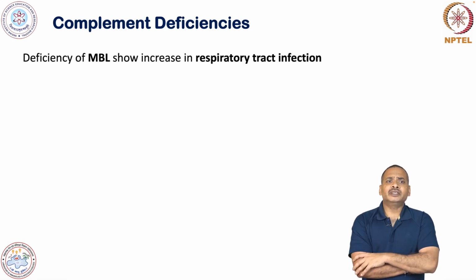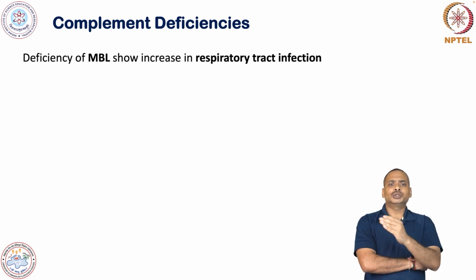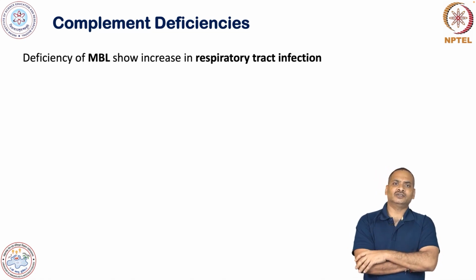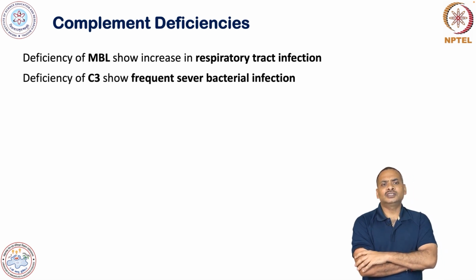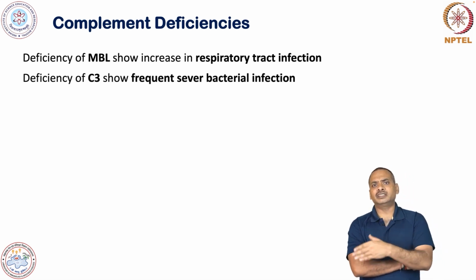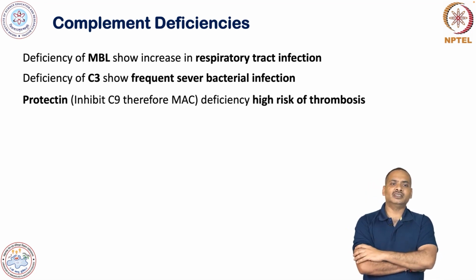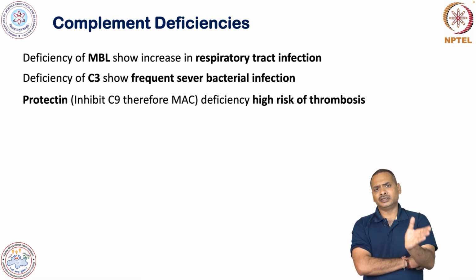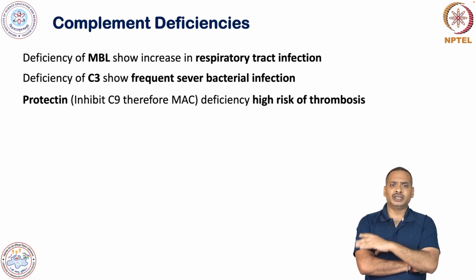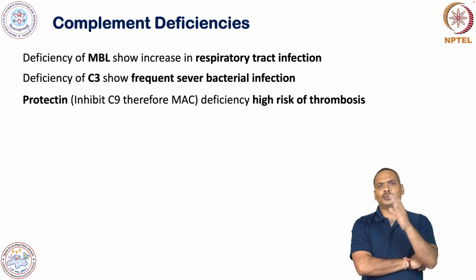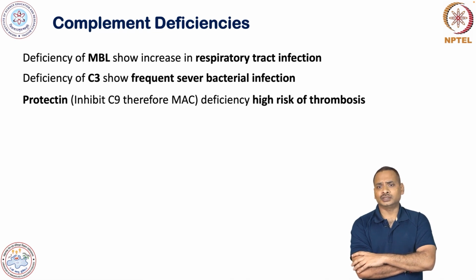Deficiency of MBL, mannose binding lectin, a key component of the lectin pathway, shows an increase in respiratory tract infection. Deficiency of C3 shows frequent severe bacterial infection. Protectin inhibits C9, and therefore it inhibits the MAC formation, that is the membrane attack complex. So deficiency of protectin will result in a high risk of thrombosis.